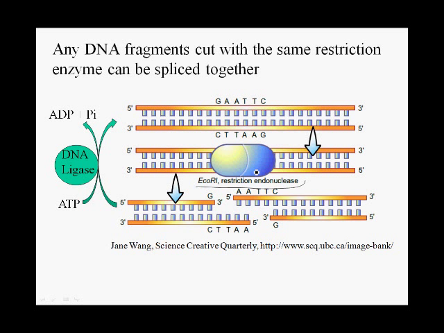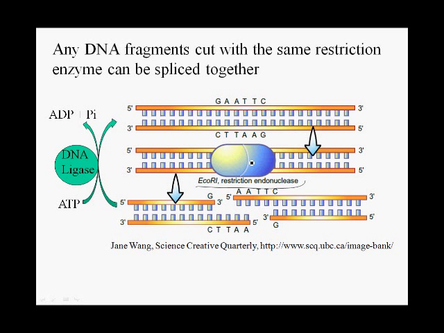There are hundreds of restriction endonucleases that are known and available to the molecular biology toolkit. What all restriction endonucleases do is cut DNA at specific sites. Each one has its own specific site that it cuts.